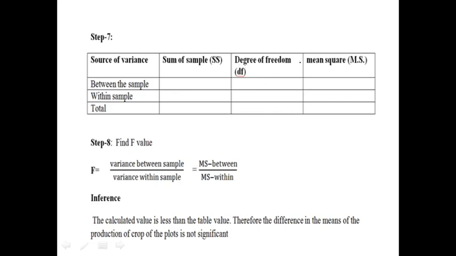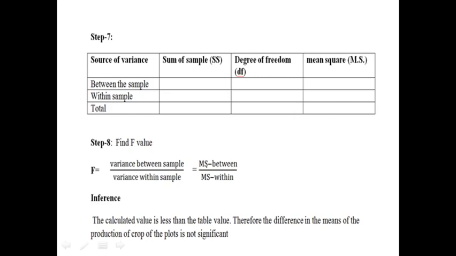From this the mean square between samples and within samples is calculated. From these values, the last step, that is finding the F value, is obtained with the help of the mean square between samples and the mean square within samples.